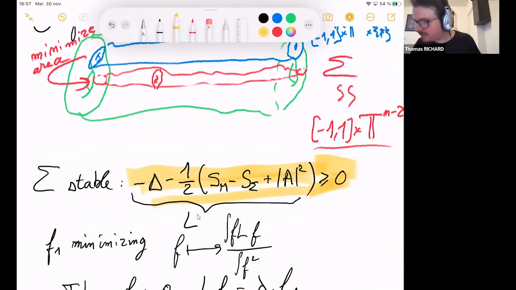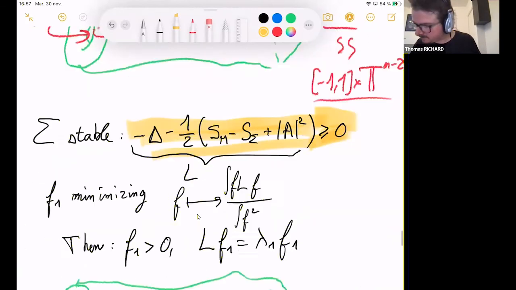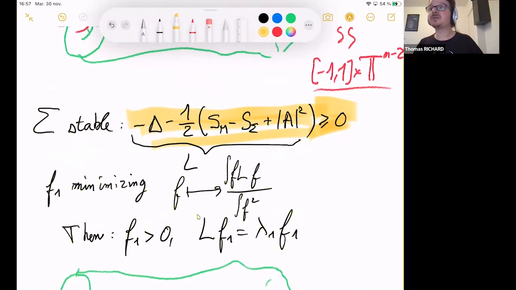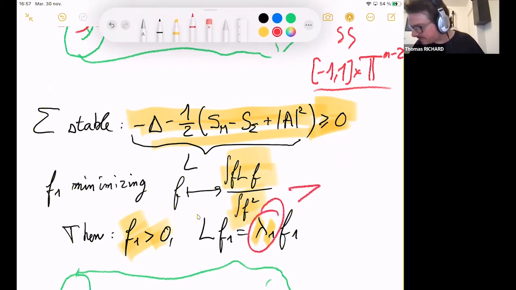So for any f from sigma to R, I can take its first eigenfunction by just minimizing this. And so it will be positive because it's the first eigenfunction of a Schrödinger operator, and it will satisfy this with some positive first eigenvalue.